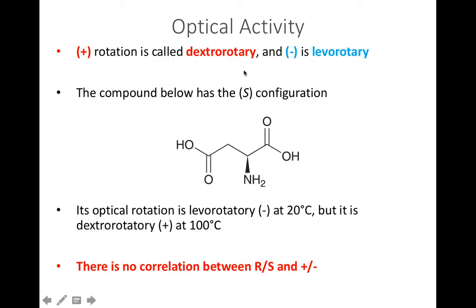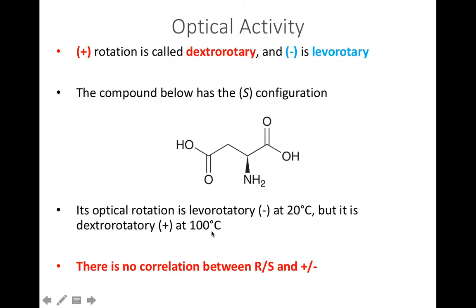Now, this is sort of a note on nomenclature. When a compound rotates the plane of light in the positive direction, that's called dextrorotatory, and in the opposite direction is levorotatory. Now, this particular compound has an optical rotation that is levorotatory at 20 degrees Celsius, but it's dextrorotatory at 100 degrees Celsius.